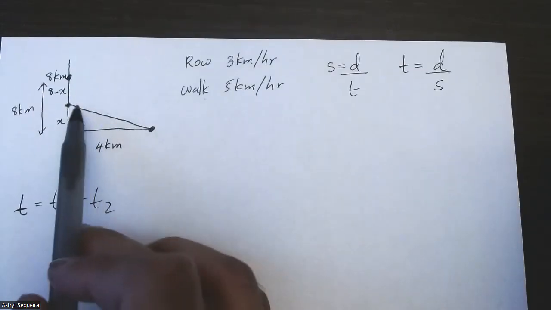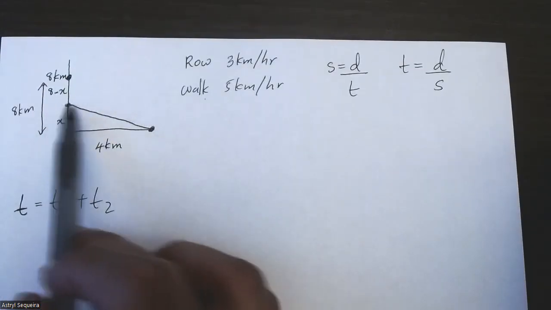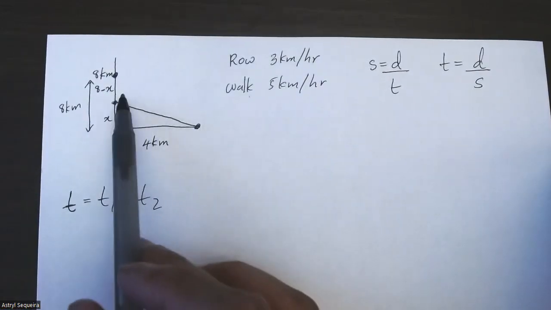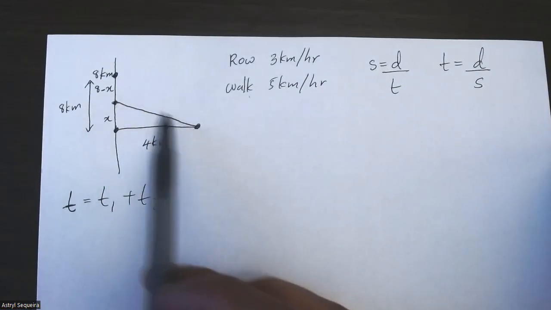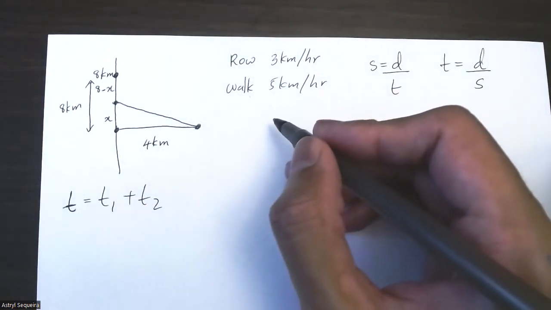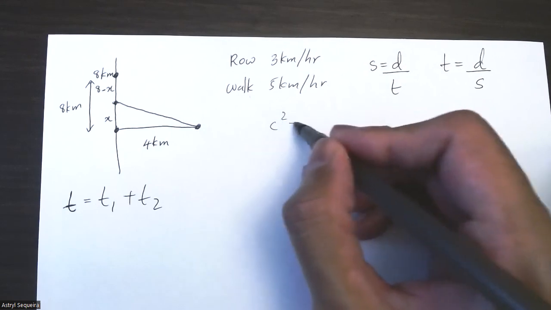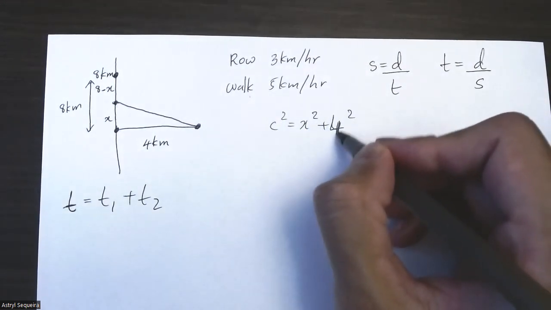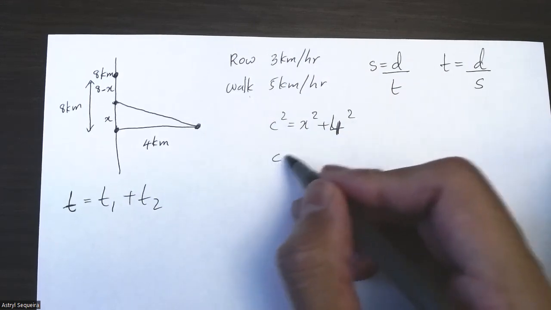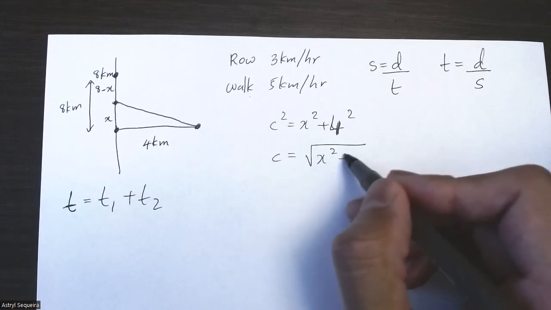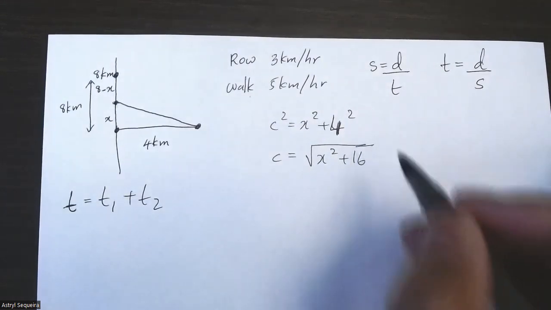Let's talk about the first part of his trip, which is over the water. To find this distance here, I have to use Pythagoras theorem in this triangle. So c squared equals x squared plus 4 squared, so c equals the square root of x squared plus 16.